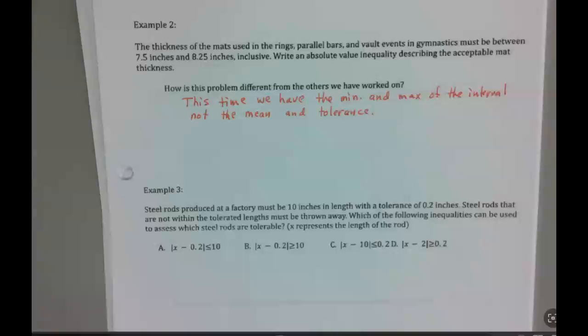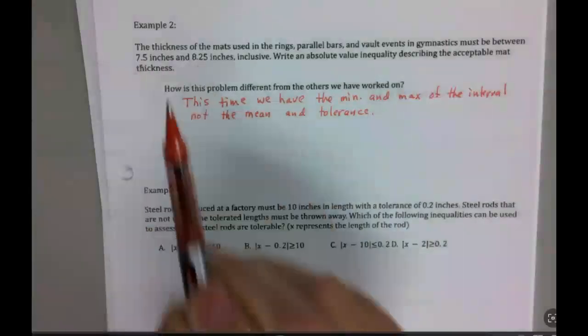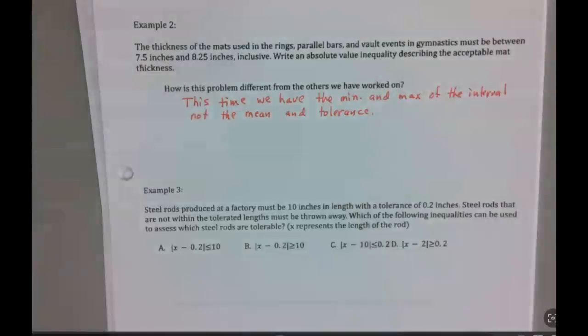The formula says means extremes. How many remember that from geometry, means extremes? It's the average. So if this is the minimum value and this is the maximum value, how would you find the mean? Which is average, yeah. Add the two together and divide by what? 2, okay?